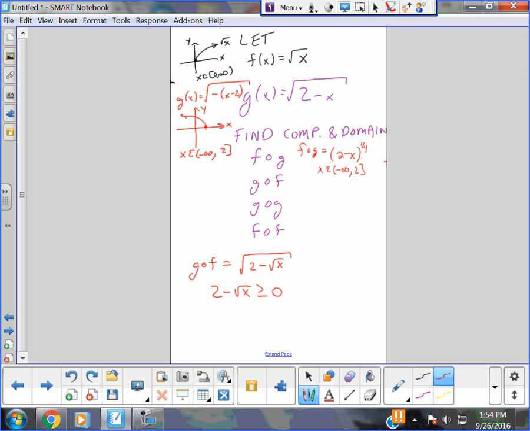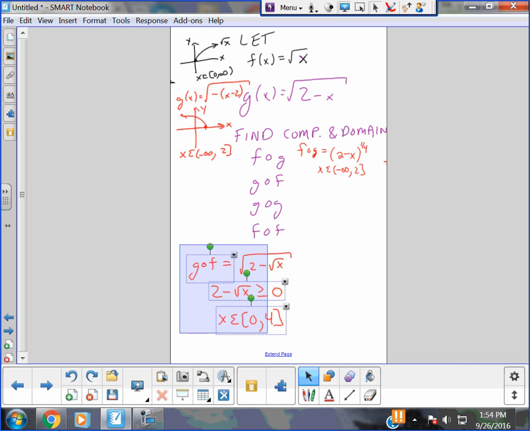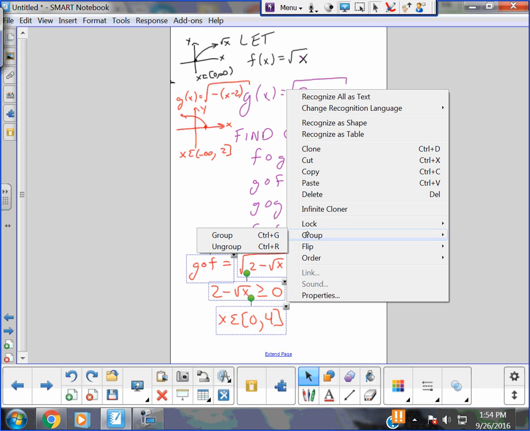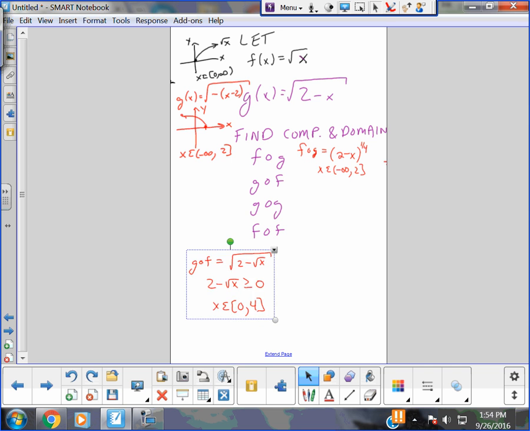So I'm pretty sure 0 will work in here, right? 0 is our first one, and it can go all the way to 4. So x is going to be an element of [0, 4]. Boom. That's g of f.